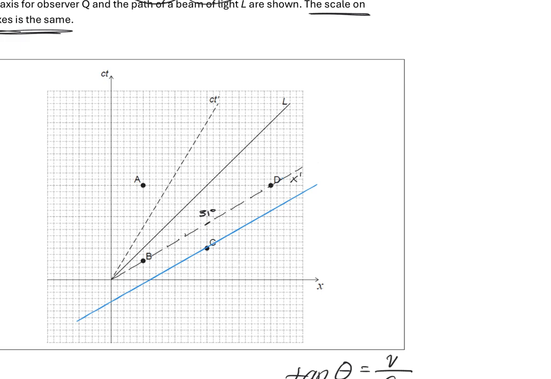And I can see that A happens last. So here's the line for A. That's a pretty terrible line, but close enough. In terms of intercept on the CT prime axis, I have C first, then B and D, and then A is later. So which happened first according to Q in inertial reference frame S prime? That would be C, point C.